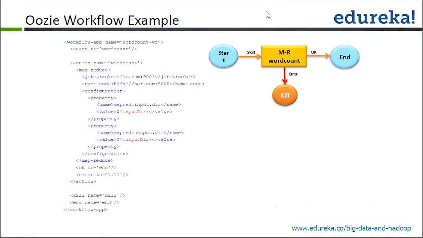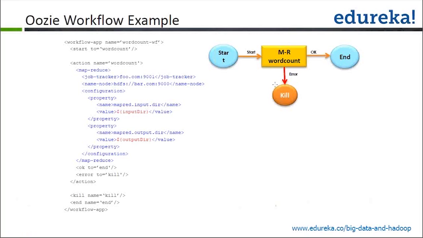Okay, so you have this XML file. Suppose you want to deploy a simple MapReduce job. You will have a start node where the whole processing will start. Then you will have the MapReduce word count action node that will execute the MapReduce job. It knows how to create a new directory, or if the directory already exists, go ahead and delete it.